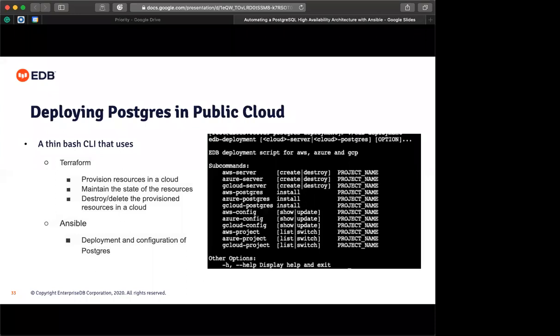If you have any questions or any feature enhancement request, we can definitely work on adding those capabilities into these deployment scripts or tools which we have created for your use. You can open issues with us, explore more, and reach out to us anytime. It's a way of automating the deployment of Postgres in the public cloud.